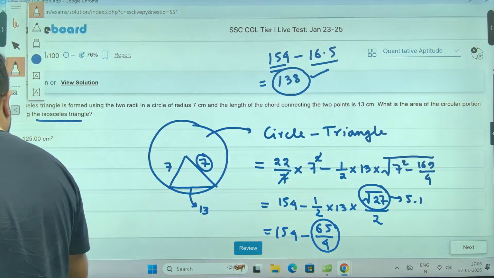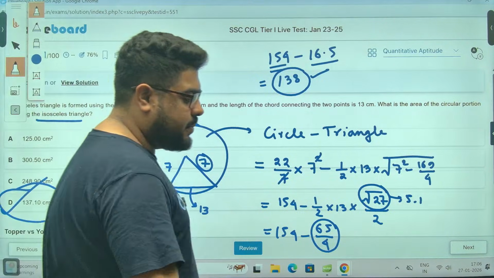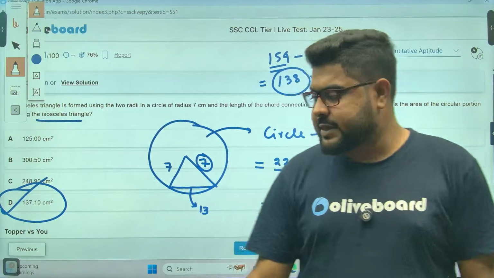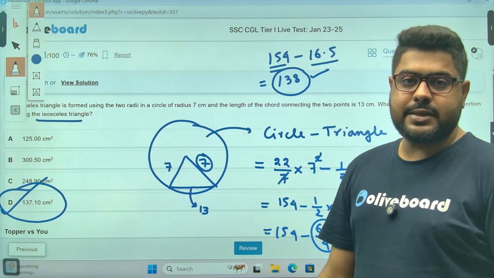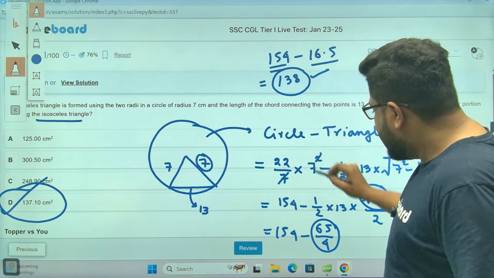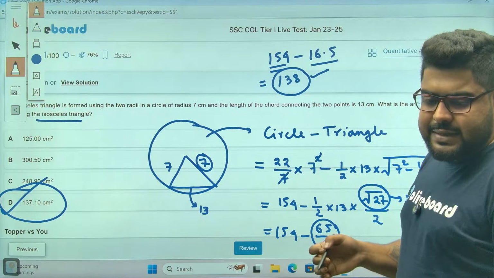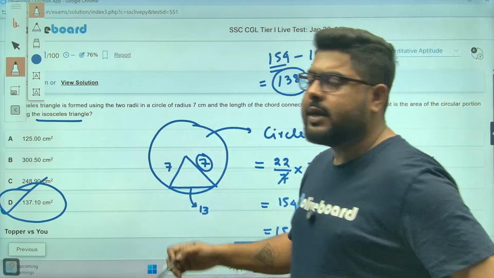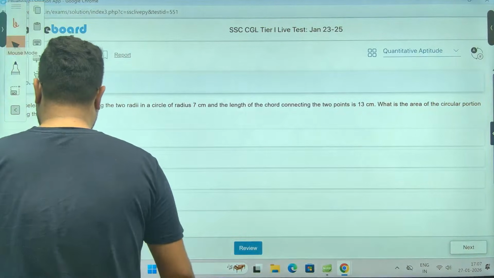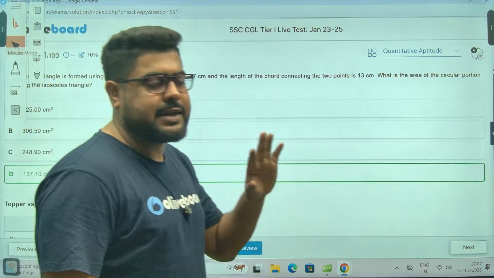There is an option D, 137 point something. 100% that has to be my answer. That's the beauty: once I've seen root 27 is there, I know my answer cannot be exact, so I've just approximated my way through to the answer. Now, this was a little on the lengthier side.